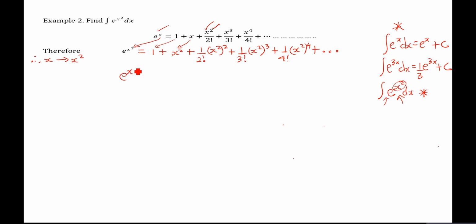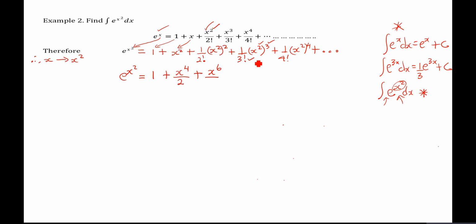And now I can simply multiply out and separate. X squared all squared gives me x to the power 4. 2 factorial is 2. X squared all cubed, x to the power 6.